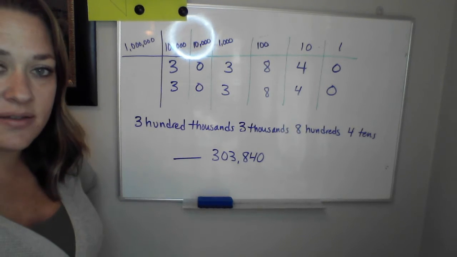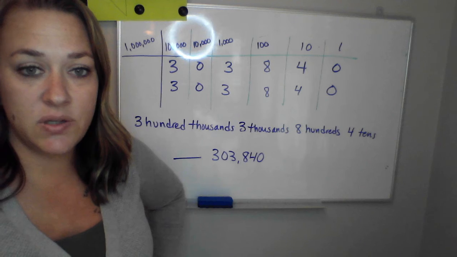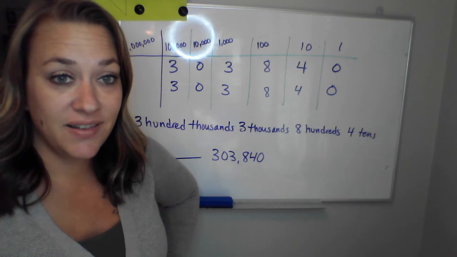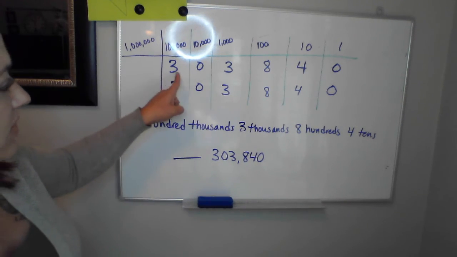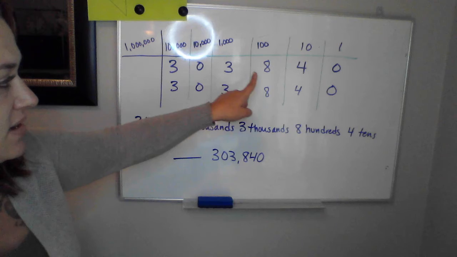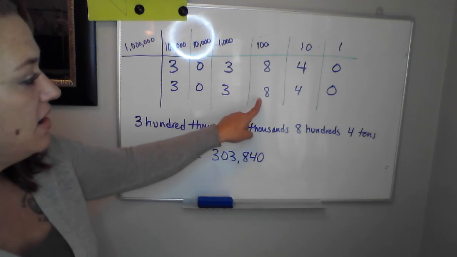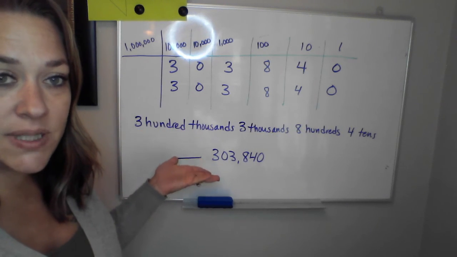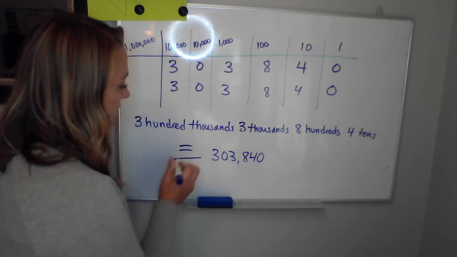What do you guys notice? Which one's larger? Which one's less? Or could they be equal? It's our first one that's equal. So we have 303,840, 303,840. So for this one, when we compare, we're going to use our equal sign. These are equal values.